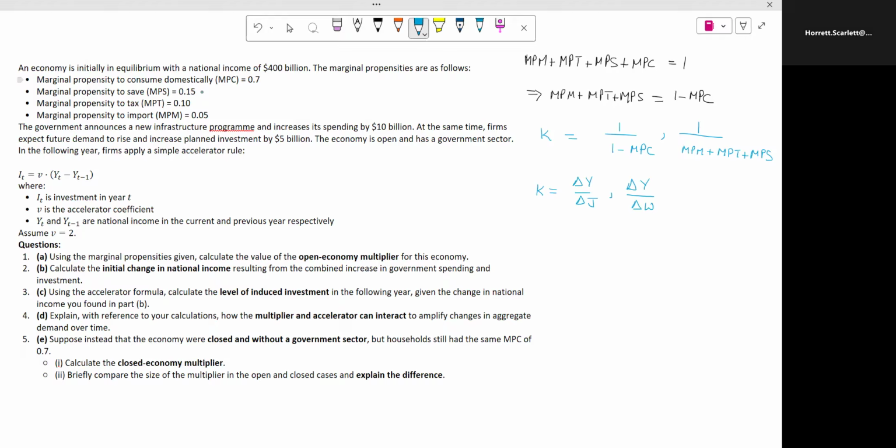We're given the marginal propensity to consume domestic products at 0.7, to save at 0.15.